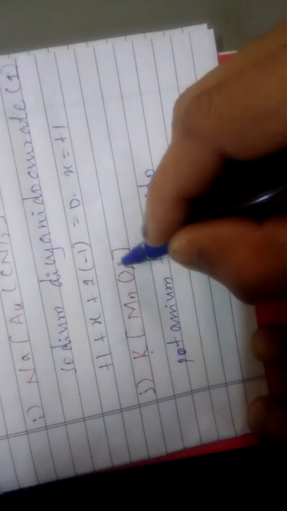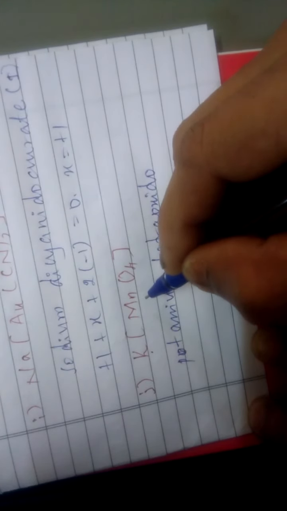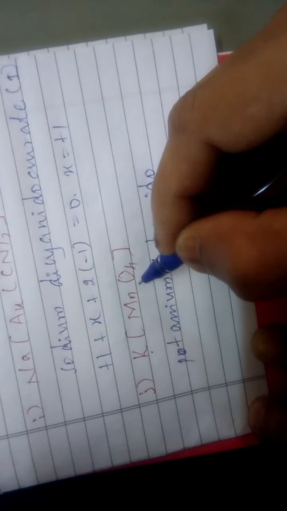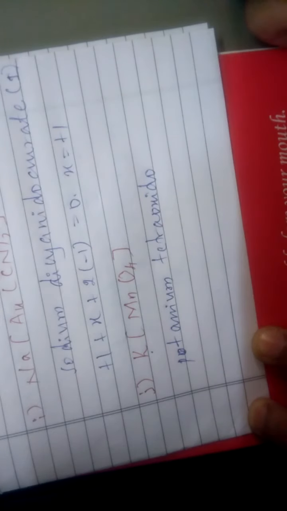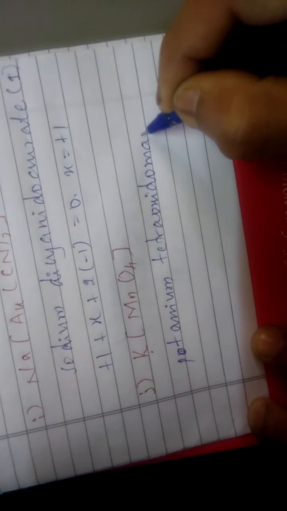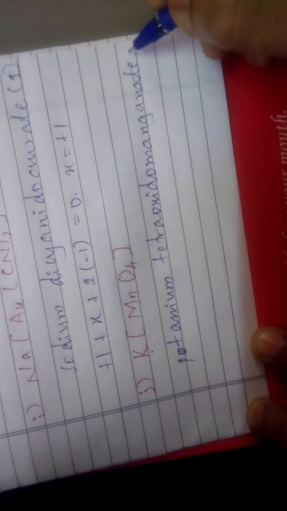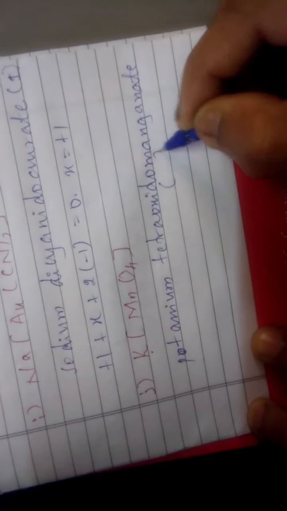So potassium tetraoxido, and you have to end the name of the central metal ion in this complex with ATE, because again it is an anionic complex. So it is manganate, and you have to mention the oxidation state.